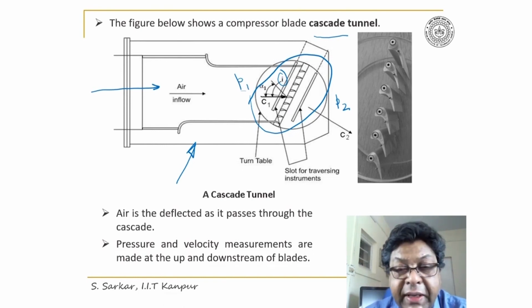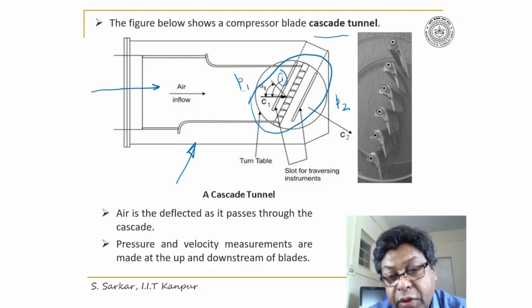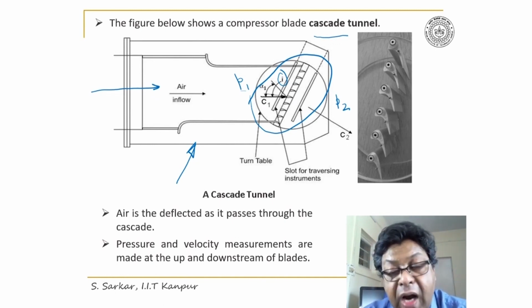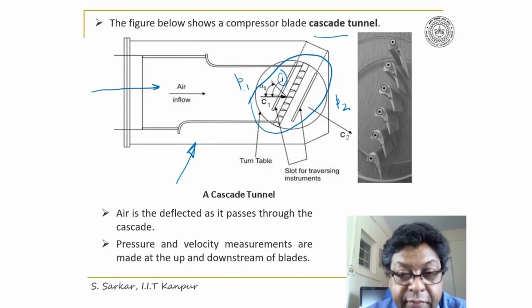So, to analyze the performance of a compressor cascade, at least one should measure the pressure and the velocity field both at upstream and downstream.